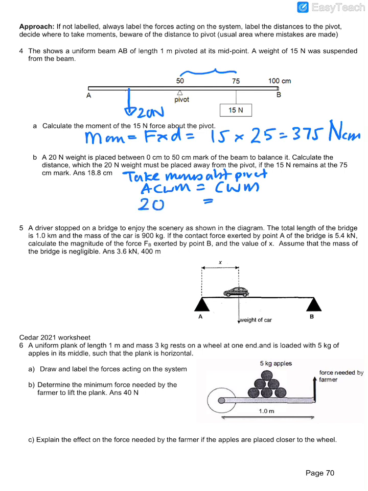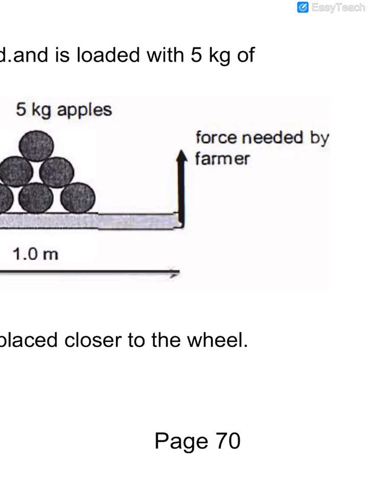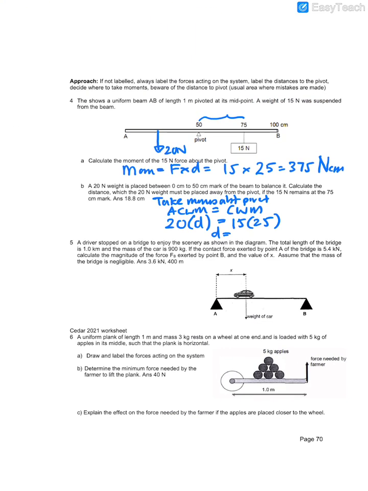So 20 times the distance, which we don't know. Then the clockwise is the 15 newton, so 15 times 25. What's the answer you get? 375 divided by 20 is 18.75, so it's 18.8. Okay, good.